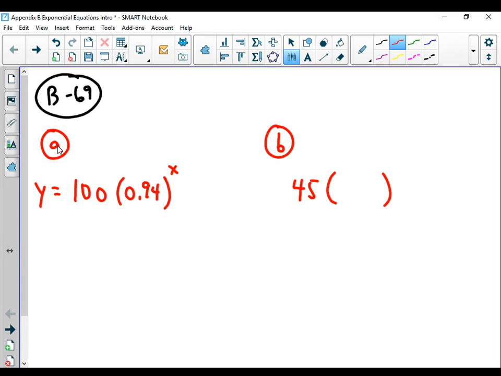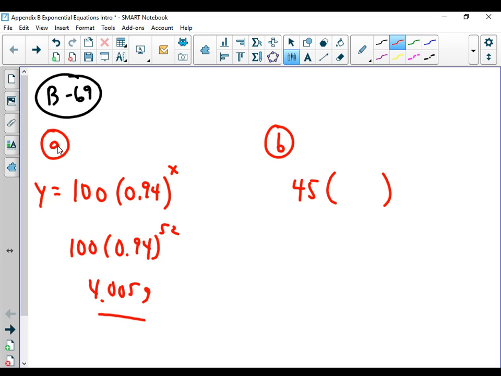Every week. So what's my exponent going to be if I'm looking for a year? Yeah, 52. Since this was in terms of weeks, your x value had to be in terms of weeks. So you end up with a little over 4 grams, 4.005 grams at the end of the year.